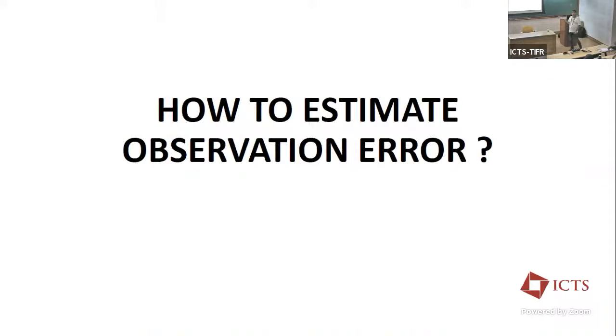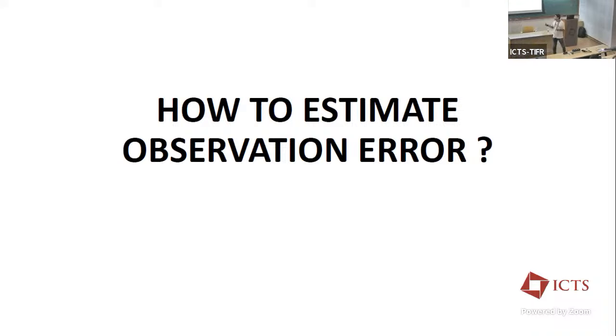The next question is, how do we estimate observation error? At the very beginning, we have seen that the observation error variance and the model error variance or covariances are an integral part of this entire scheme of things.